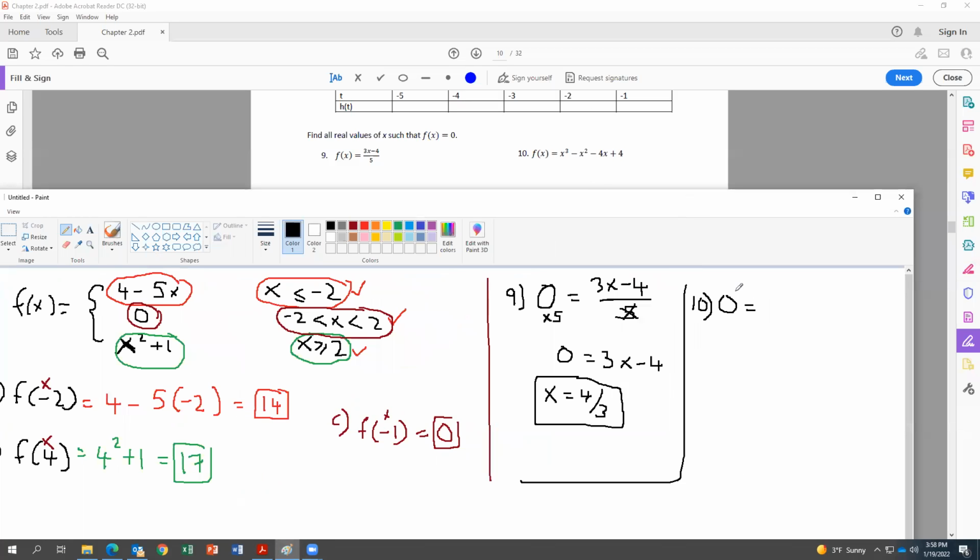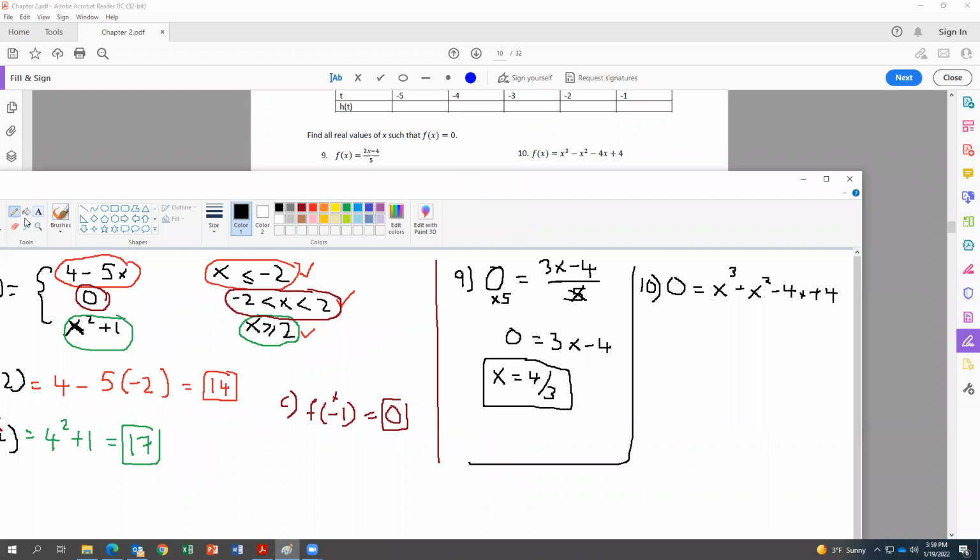So 0 equals x cubed minus x squared minus 4x plus 4. Again, we set f of x equals 0 here. Now, in order for us to do question 10, this is not linear. That means it's not just an x; this is an x cubed. So in order for you to solve this, you have to factor it.